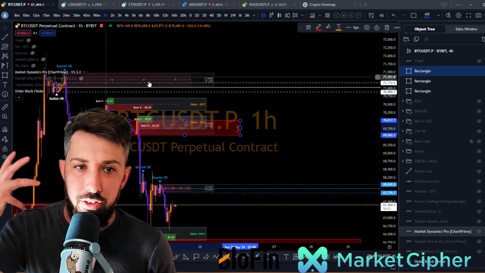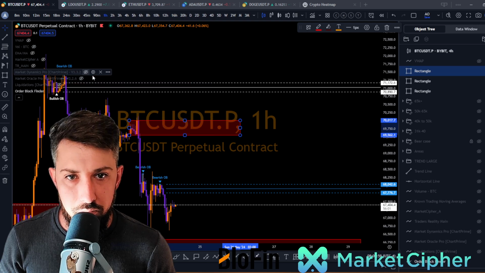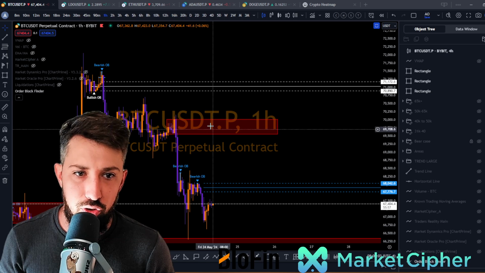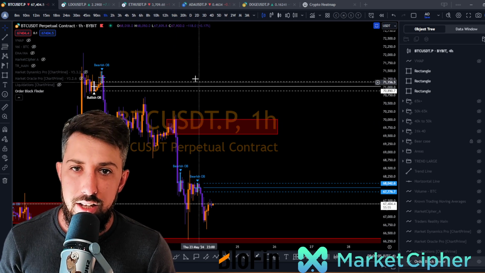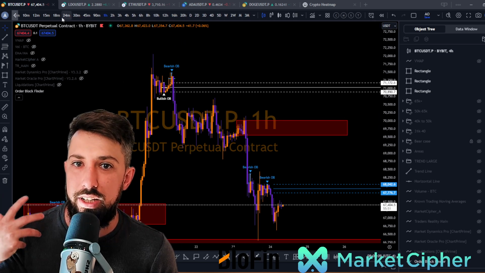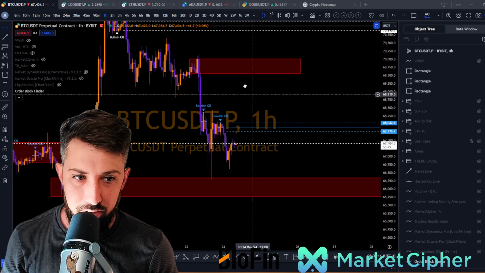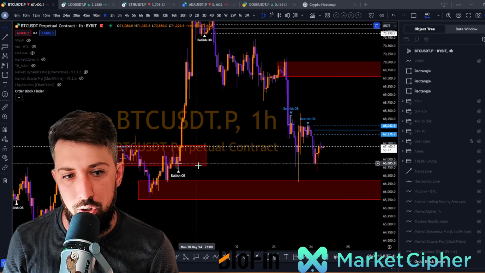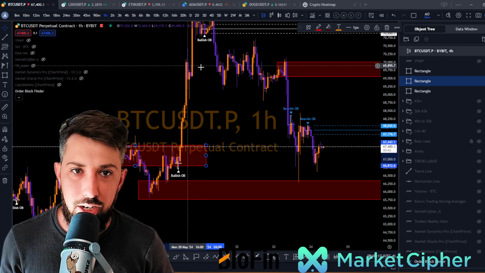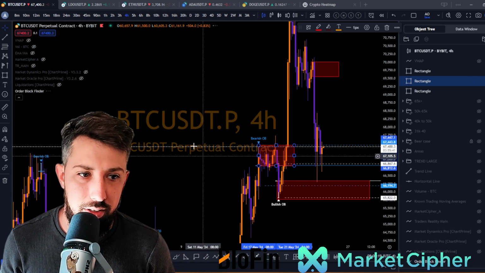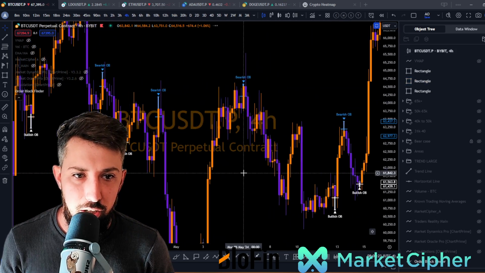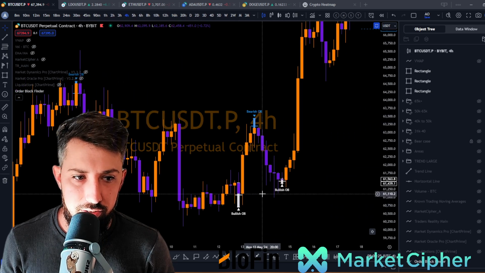Now, if there's an order block in a larger time frame, so let's say this is your order block, within that there will be multiple order blocks in a smaller time frame. That's something very important to note: as you get lower in your time frame, so if you're in a 4-hour time frame, you can see these big clusters throughout the chart that are suggesting order blocks.